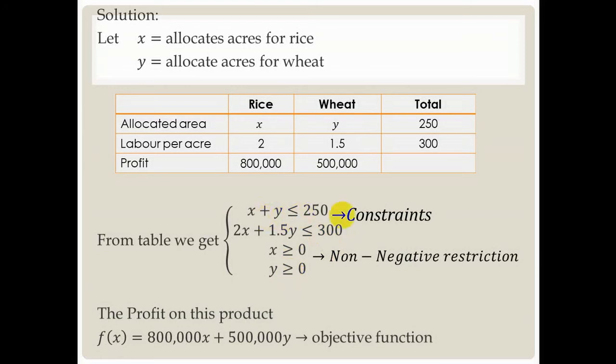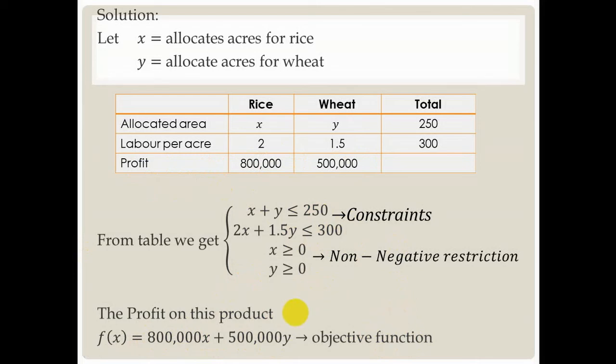So we have the constraints x plus y less than or equal to 250, and 2x plus 1.5y less than or equal to 300. From here, we have the profit, which we can call the objective function. So f(x) is 800,000x plus 500,000y. If you understand, you are ready to continue to solving the problem, everyone.